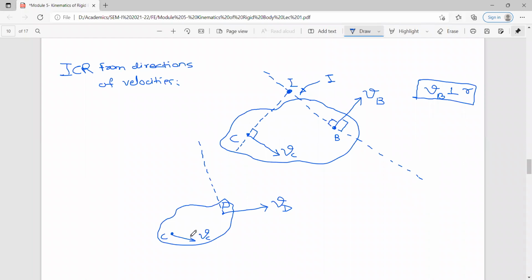So what is the direction of velocity of point C? It is moving in this direction. So the radius of point C will be perpendicular to this direction, like this. So I will draw it, and at the end of the radius you will get the ICR. So here somewhere you will get the ICR. Understanding this?